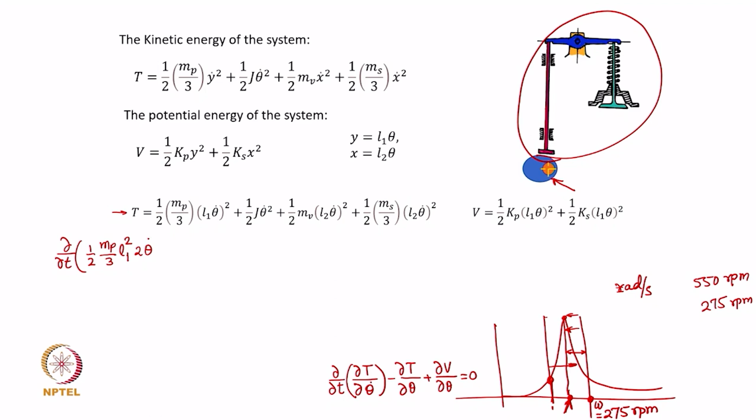That is what you will get. If you take the derivative with respect to θ̇, it will not turn to θ double dot here. And then plus half 2 J θ̇ plus half mv L2 square 2 θ̇ plus half ms over 3 L2 square 2 θ̇. That is what you will get as this particular term in the Lagrange's equation.